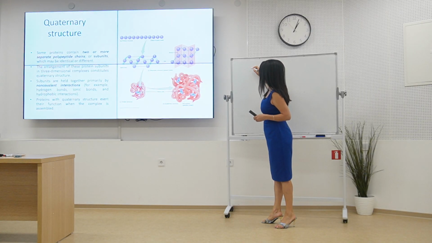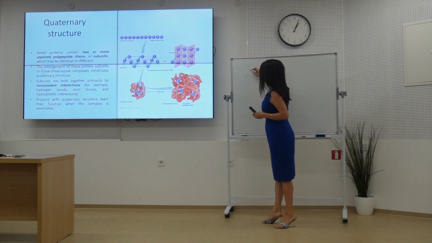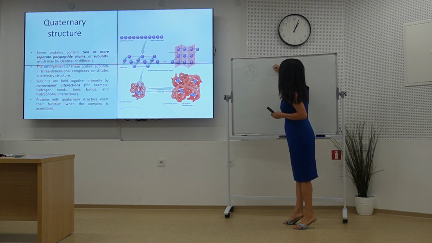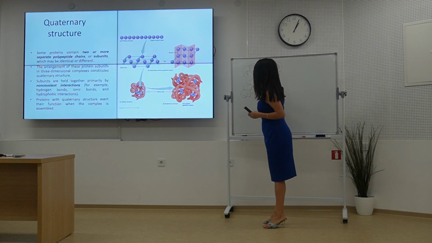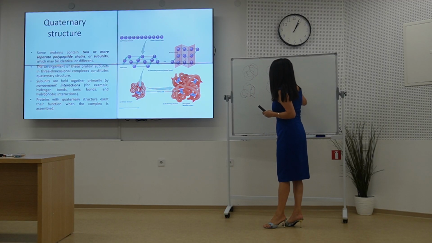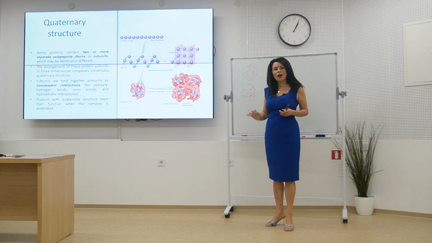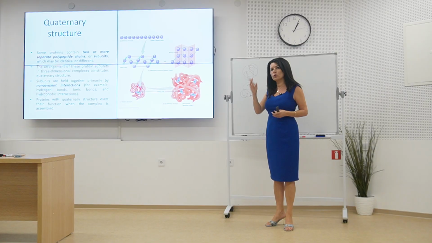Hemoglobin, you can see, consists of one subunit, second subunit, third and fourth. All of them have their own primary, secondary and tertiary structure.